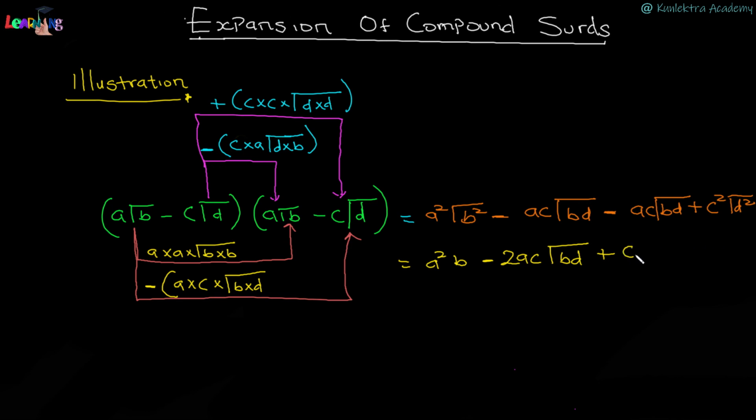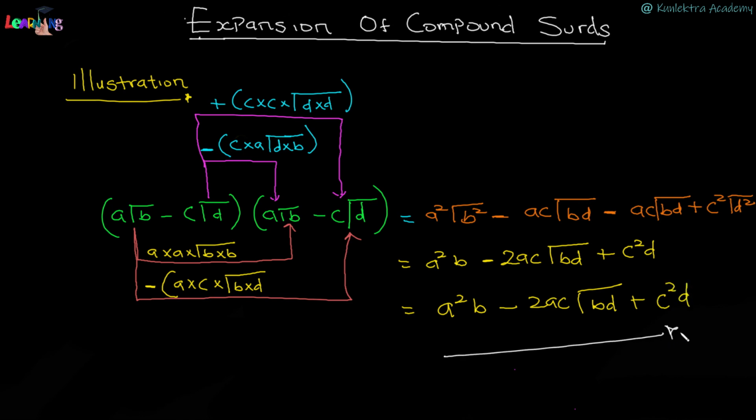That's c square d. Now you have your final answer to be a square b minus 2ac root bd plus c square d. This is your final answer.